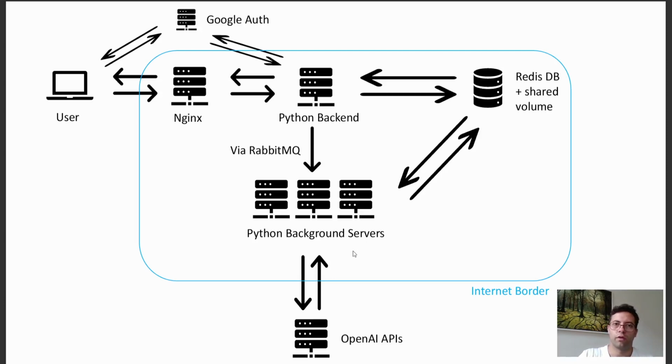Okay, so that's what is inside the blue border, so everything that I'm hosting myself using Docker. Another thing that is outside and is not hosted by myself is the Google authentication. So if the user wants to log in using the Google authentication, then the user communicates a bit with the Google server, and my backend also communicates with the Google authentication server.